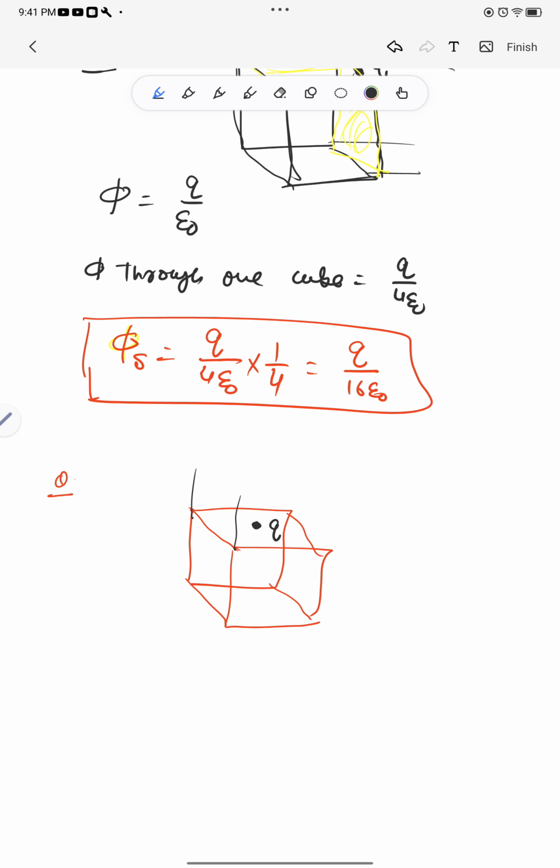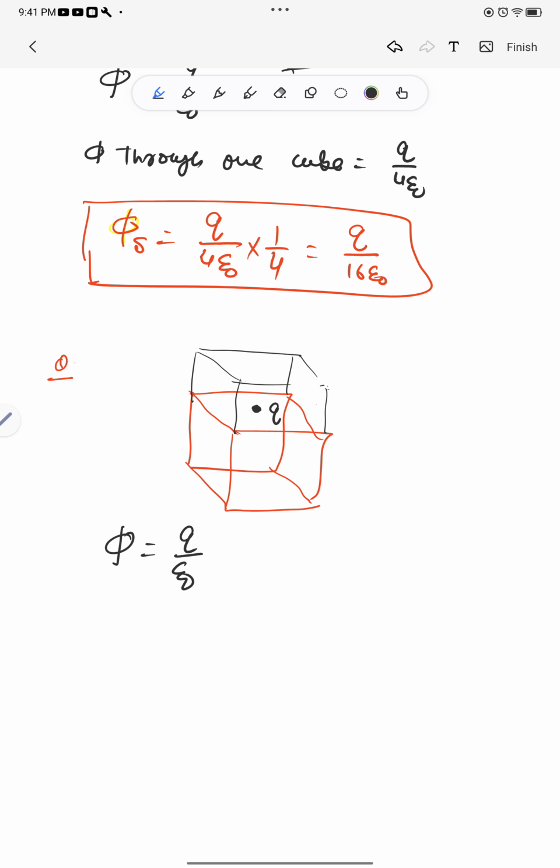Just keep another cube above this cube, then this whole charge will be covered easily. So using one more cube, a total of two cubes will be required to cover this charge, and so through these two cubes the total flux will be Q by epsilon naught, and so the flux through one cube will be Q by 2 epsilon naught.